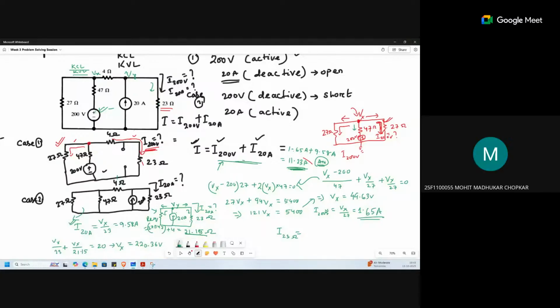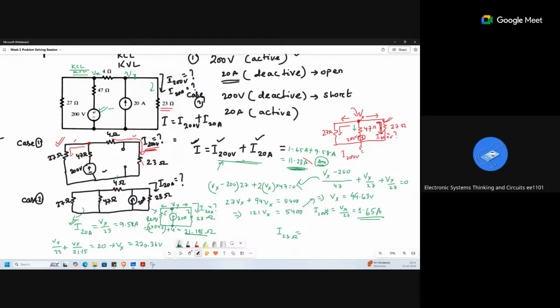Ma'am, I mean the 23 ohm is the lesser resistive path. Why? 23 ohm is higher resistive; 21.15 is the lower resistive path, after we get the equivalent resistance. Here we are looking at how much of the 20 ampere current flows through this 23 ohm and how much flows through the other. Through the 23 ohm, 9.58 ampere flows.